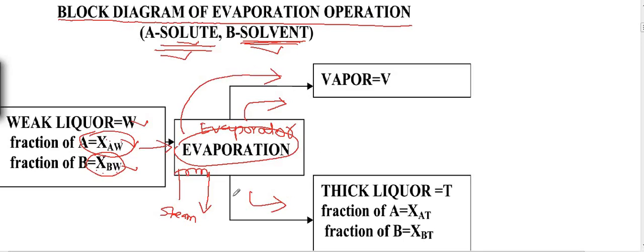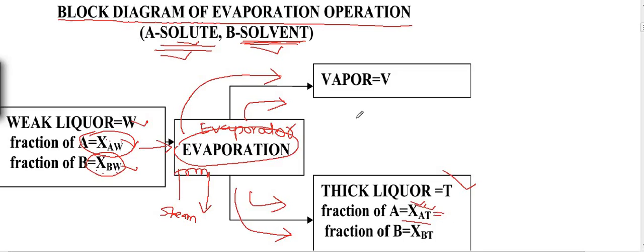Whatever remains at the bottom of the evaporator is called thick liquor, given by the symbol T. The fraction of solute in the thick liquor is given by xAT, where x stands for fraction, A for solute, T for thick liquor, and xBT means the fraction of solvent in thick liquor.